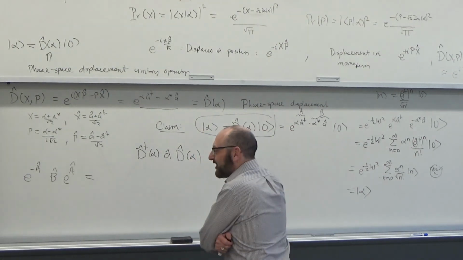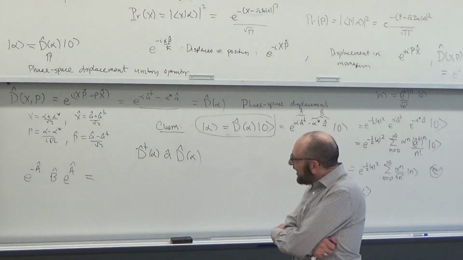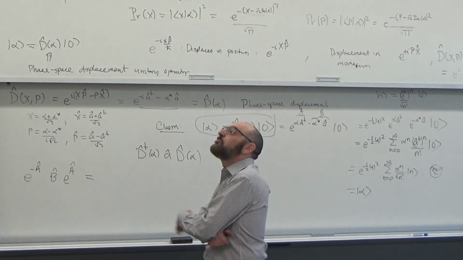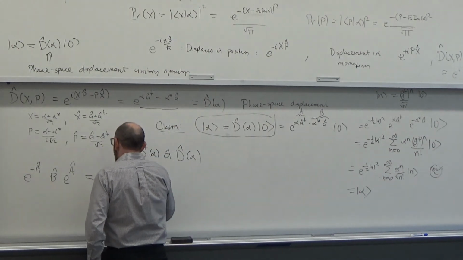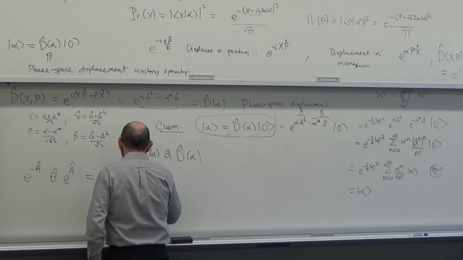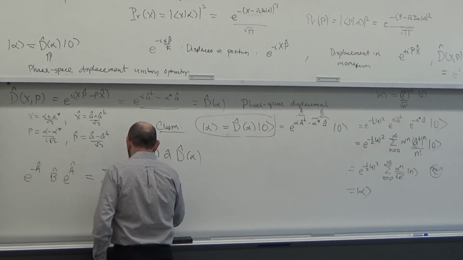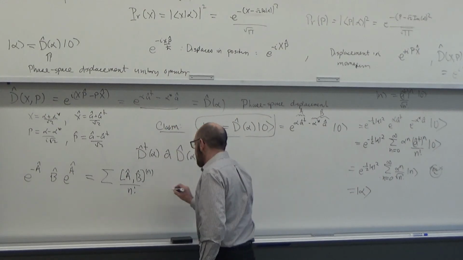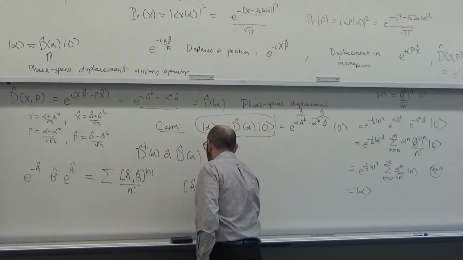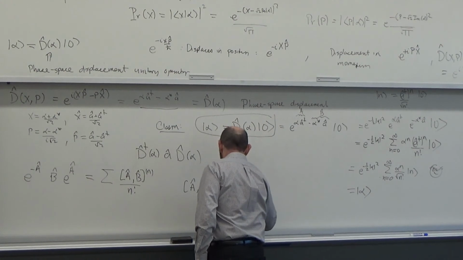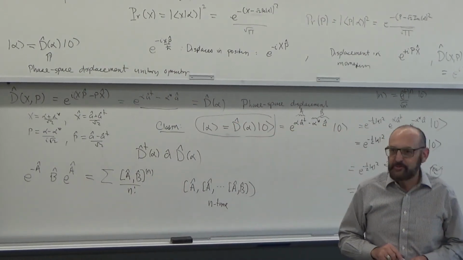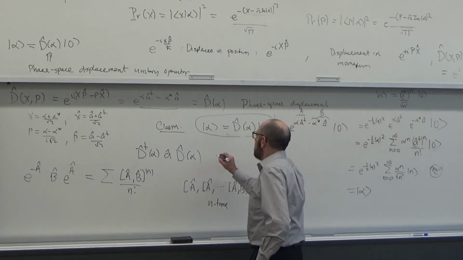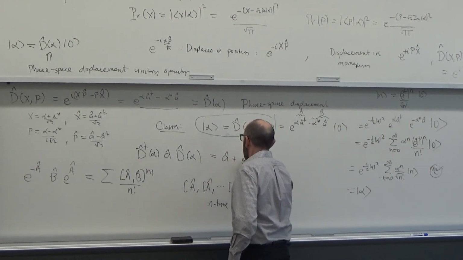I know the first term is B. Yeah, that's pretty good. It involves the multiple commutators, right? This involves the commutator of A with B n times over n factorial, where this is A with A with A n times. When n is 0, it's just B. So, Stuart, you're right. The first term is B. And I challenge you to show easily that this is this.